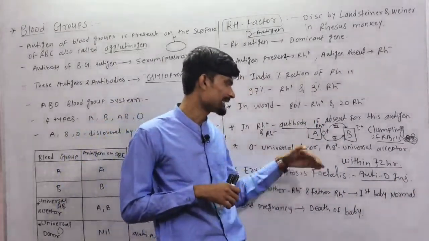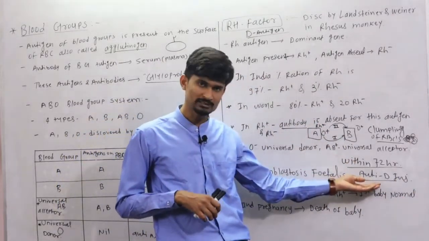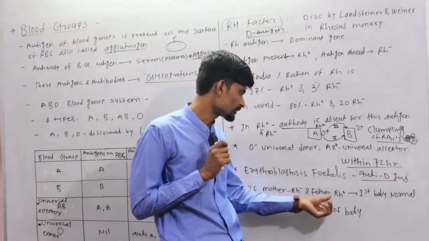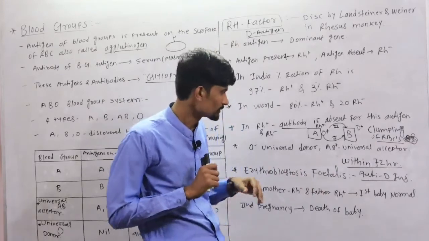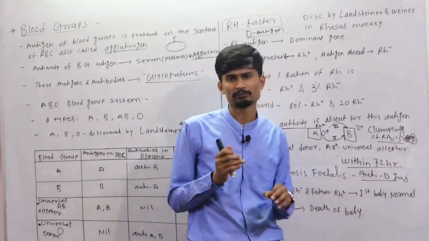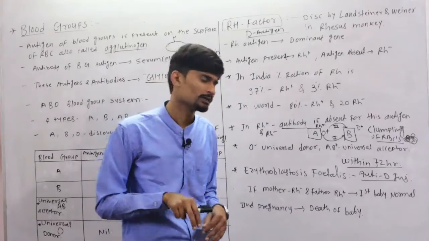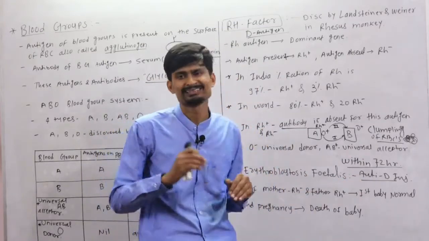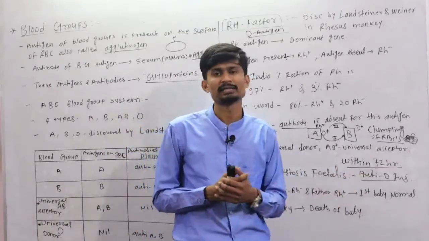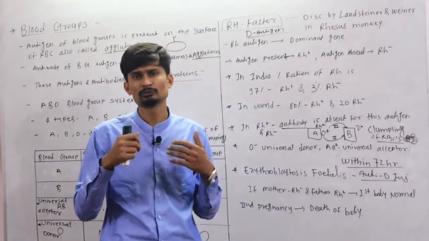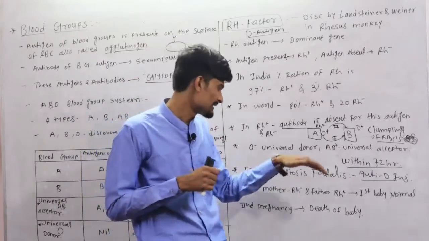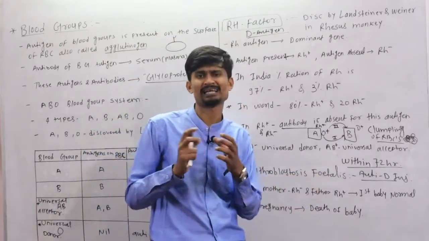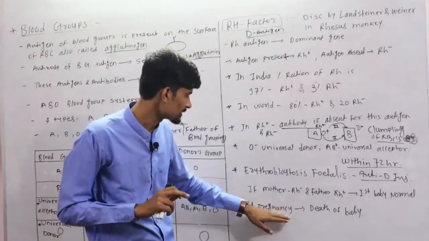Anti-D injection contains antibodies for the Rh antigen. So the fetal RBCs that reach the mother's blood, the antigen is killed by this anti-D. So there will be no natural formation of antibodies in the mother, and during the second pregnancy there is no chance of antigen-antibody reaction.